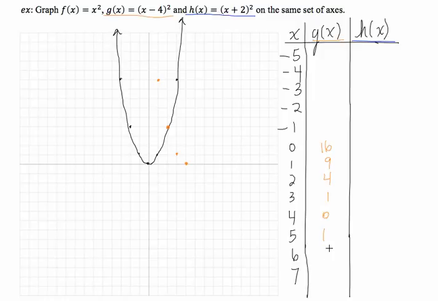If we plug in 6, we will get 4, and if we plug in 7, we'll get 9. Okay, so here's the graph of g of x, and you can see it also has the same shape as f of x equals x squared, but it's shifted, looks like 1, 2, 3, 4 units to the right.